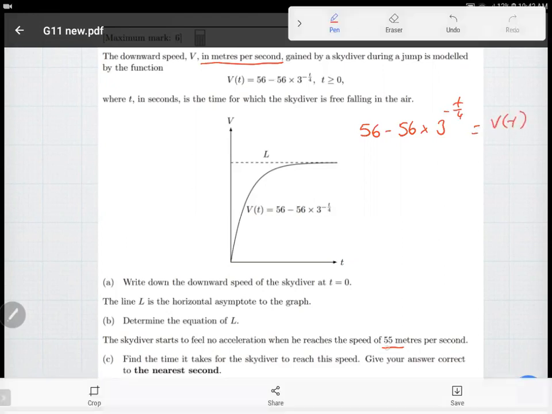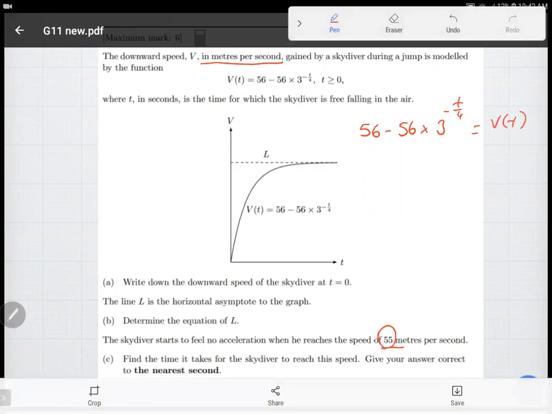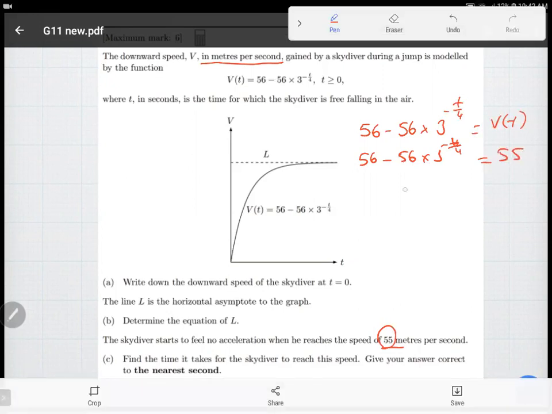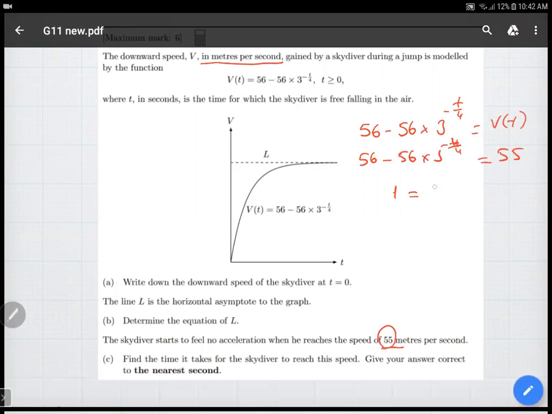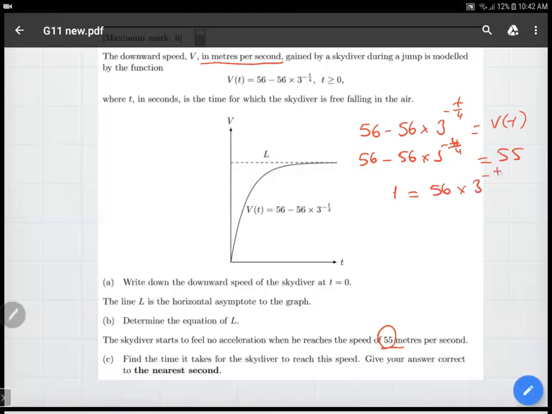And now we know v, it is 55, and we will calculate the corresponding t. Okay, so 56 minus 56 times 3 power minus t over 4 is equal to 55. And then 1 is equal to 56 times 3 power negative t over 4.